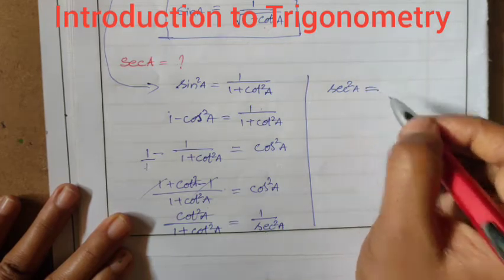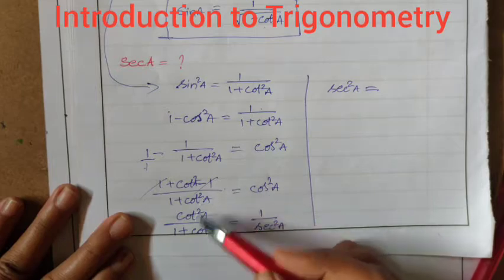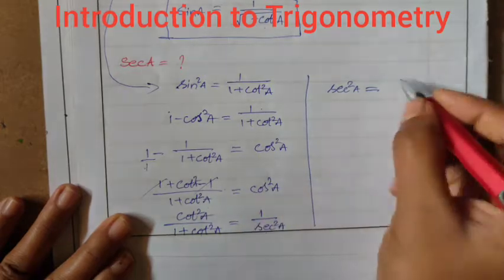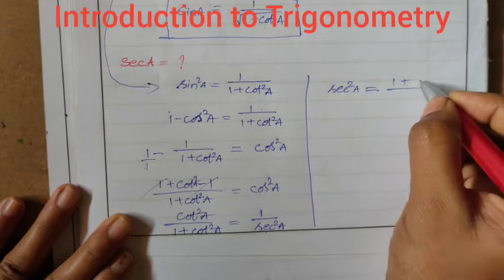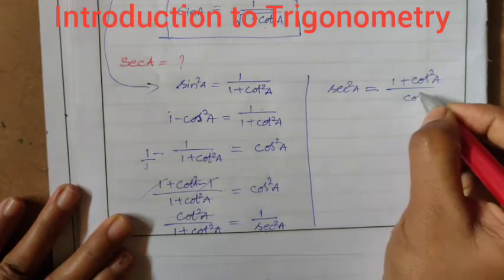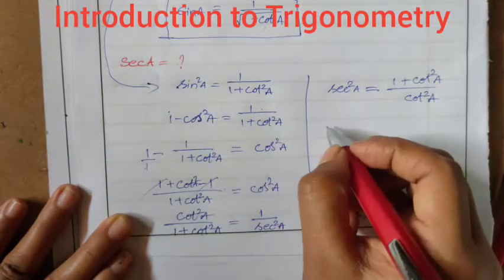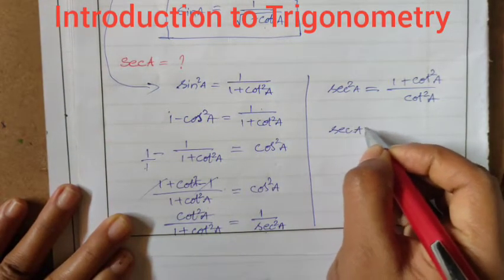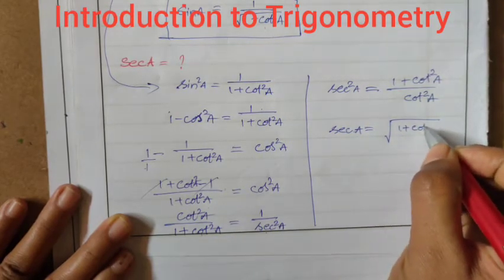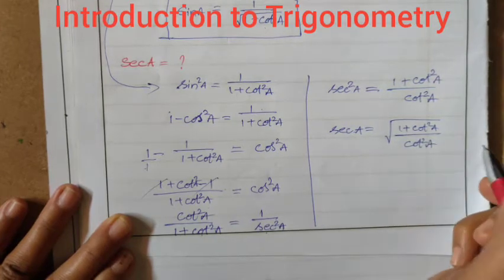Then what happened? So this comes to the numerator and this comes to the denominator, because it is the reciprocal of this one. The denominator comes into the numerator. That becomes 1 plus cot square A divided by cot square A. Now I want to take only the value of sec A. So sec A equals the square root of 1 plus cot square A divided by cot square A. Then what happened?